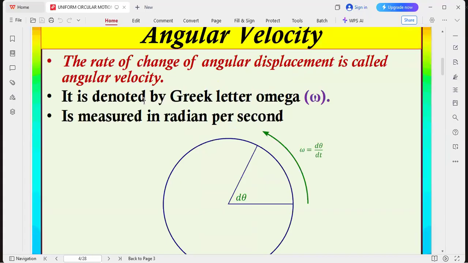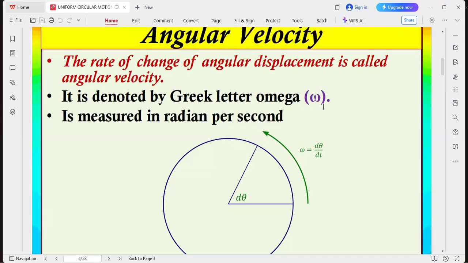Angular velocity, rate of angular displacement. So when we take angular displacement theta divided by time, theta over time gives us angular velocity. Angular velocity is denoted by omega, which is on your screen.